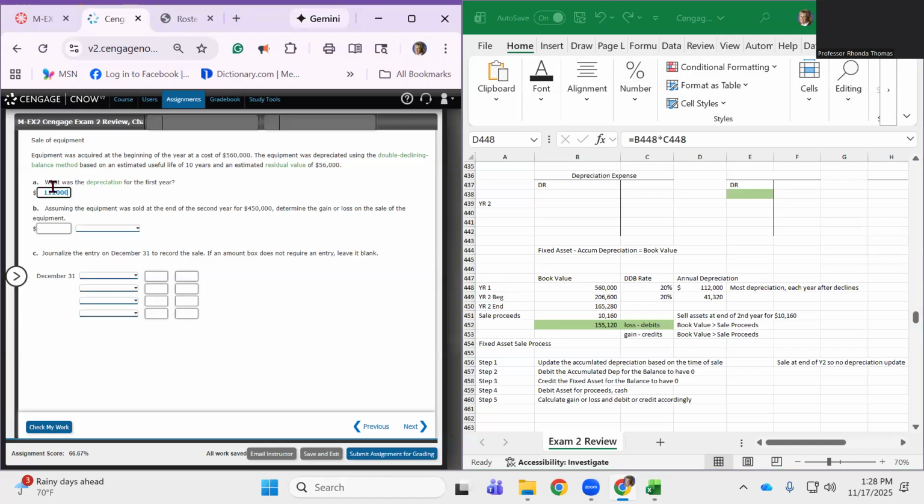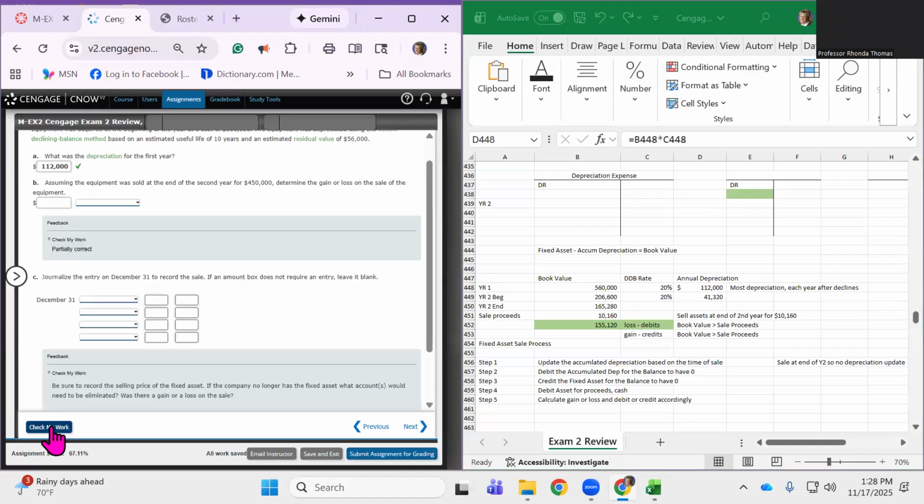Let's see if that is correct. Assuming the equipment was sold at the end of the second year, we've got to do this twice, right? So what happens here is we start with 560,000, but we depreciate 112,000.